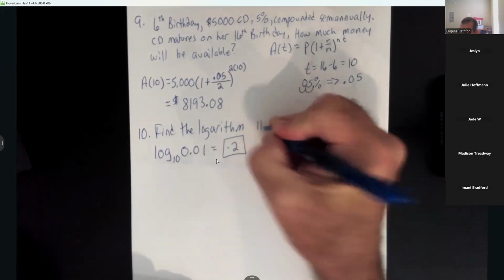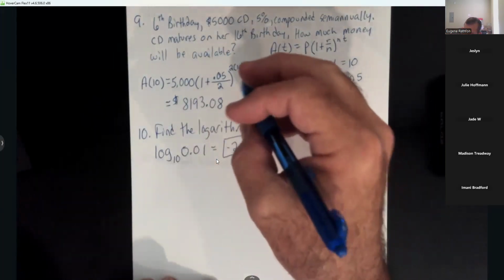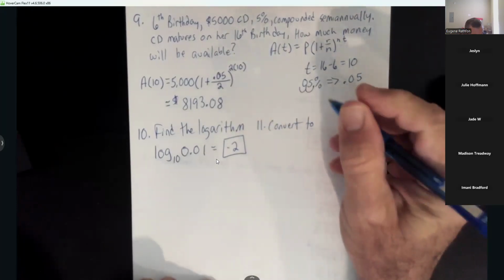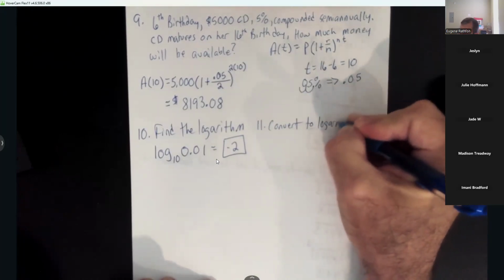All right, 11 is where we started converting between logarithmic and exponential. So 11 says convert to logarithmic equation.